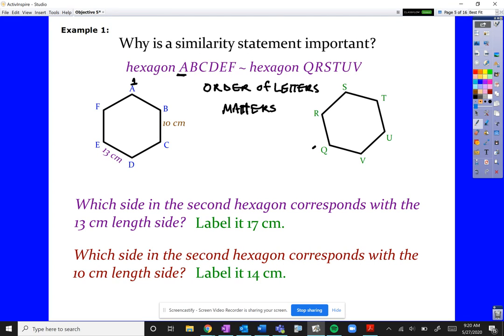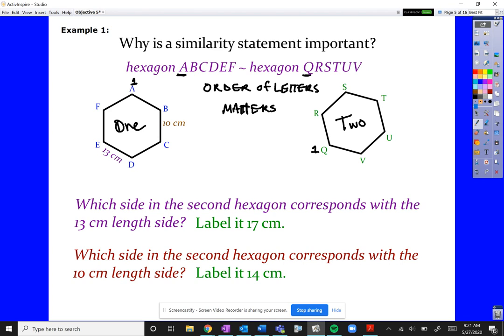So Q is really the one that starts in first position, and then it goes around in order, Q, R, S, T, U, V. Okay, so which side in the second hexagon, so we'll call this hexagon 1 and this hexagon 2, which side in the second hexagon corresponds with the 13 centimeter length side?